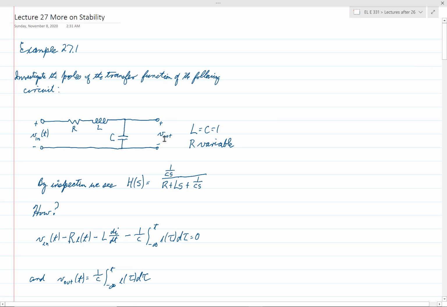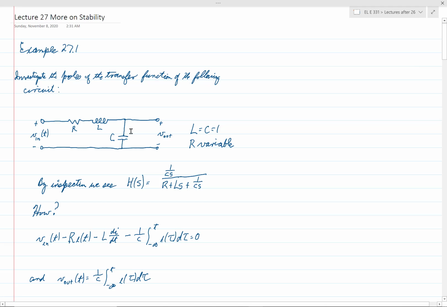V out is defined as the voltage across the capacitor, and you have Vin as shown here. I hope that you are able to look at this circuit and see that this is simply a voltage divider, and the transfer function will simply be the impedance of this capacitor divided by the entire impedance.